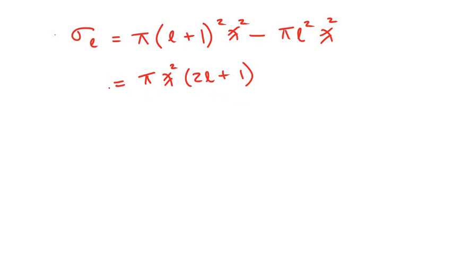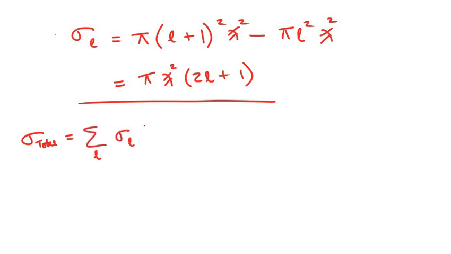What about the total reaction cross section? The total reaction cross section is obtained by summing over all of them. When we do this sum, L will go to a certain maximum, L max, and as a result, after this sum, we will get this result.